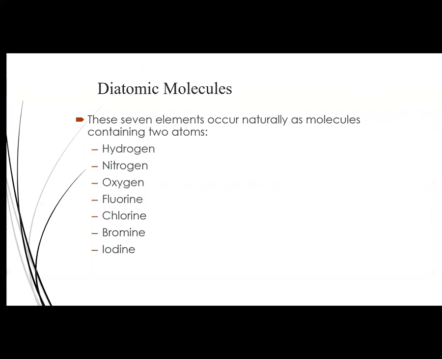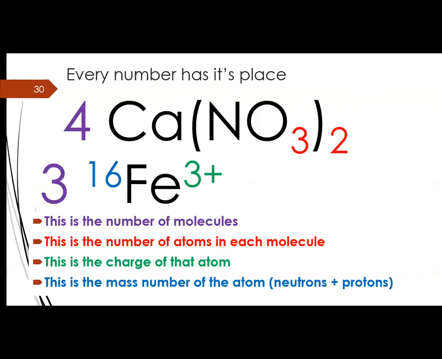Now, from there, the other part that we're going to look at is that every number has its place. This is an important part to know from this chapter. What I've tried to do is give you an example so you can see it, and that way we can color code them and make sure that we're on the same page. So the small numbers to the right tell us how many atoms of that element in front of them there are.